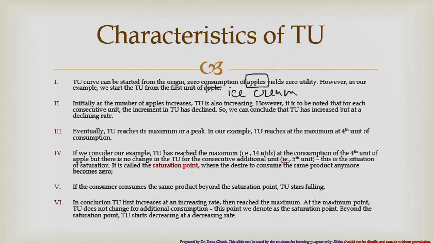So the second point is what? Initially, as the number of apples increases, total utility also increases. However, it is to be noted that for each consecutive unit, the increment in total utility has declined.